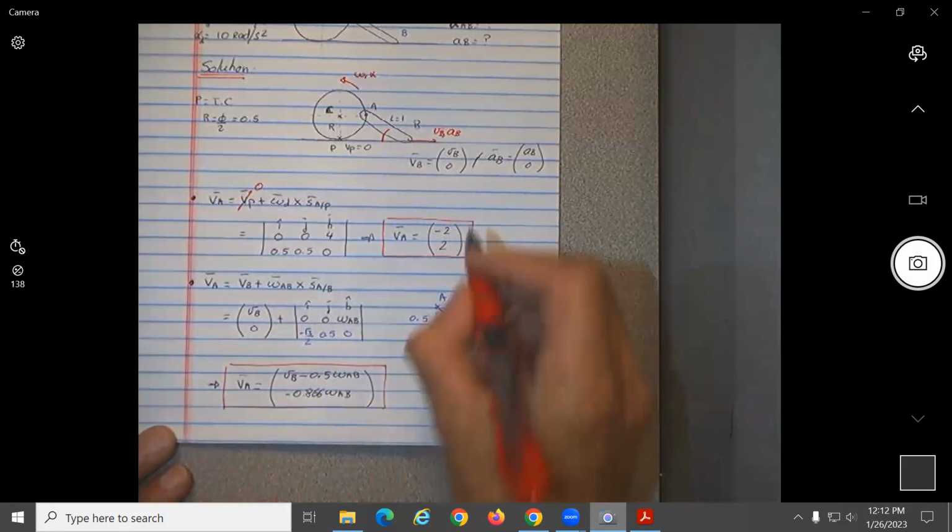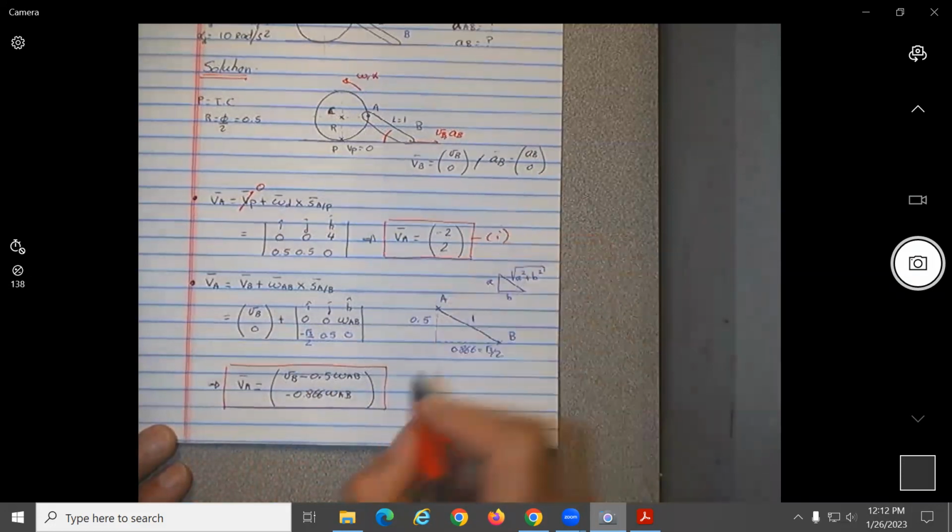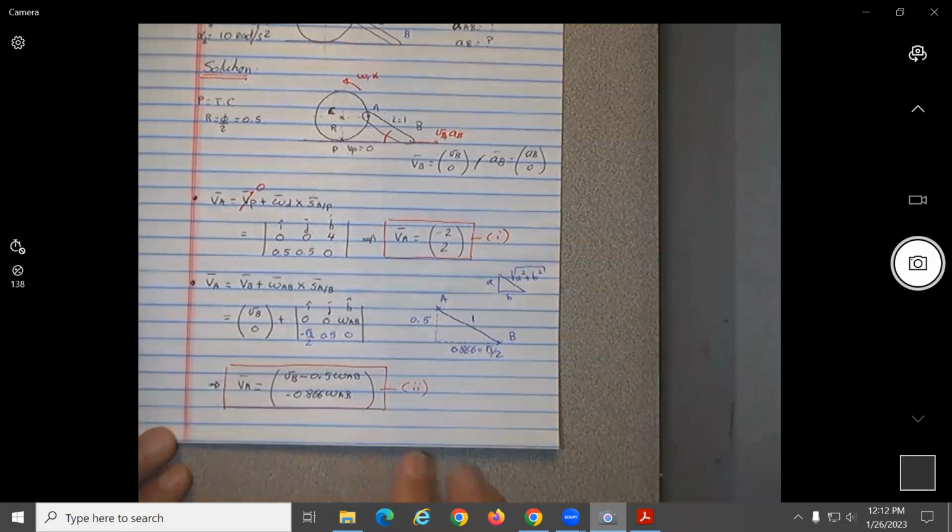Okay, so now what can we do? Solve for omega AB. Yes, but in order to do that, what do we need to do? We need to equate 1 and 2.